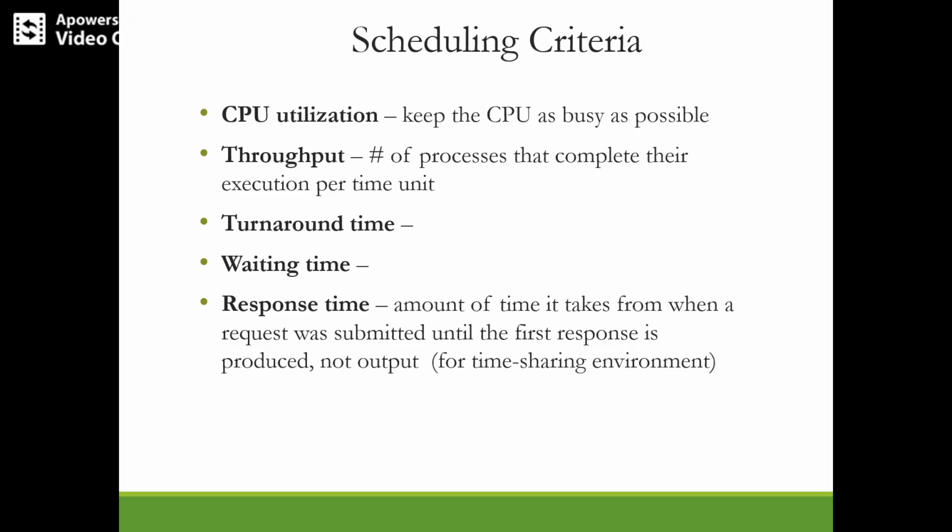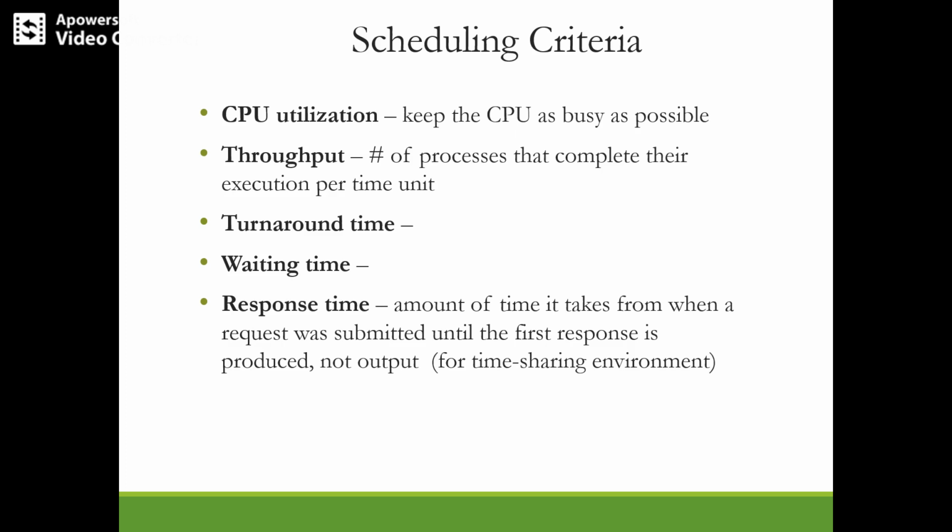Next is turnaround time. From the point of view of a process, the important criteria is how long it takes to execute that process. How much time is taken to execute a particular process. That is the turnaround time.